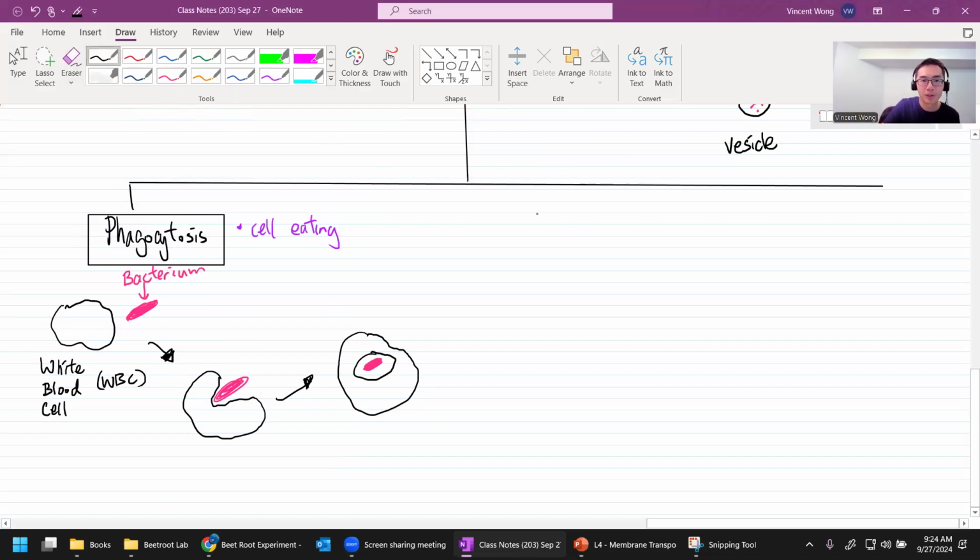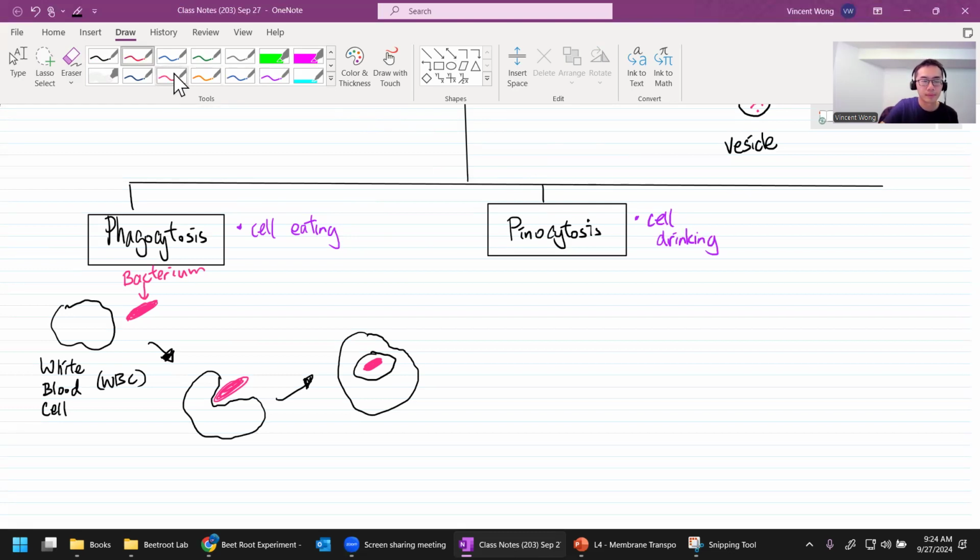Now, if there is cell eating, then you guessed it, there must be cell drinking as well, which is pinocytosis. If you translate this, it means cell drinking. I'll just give you an example.